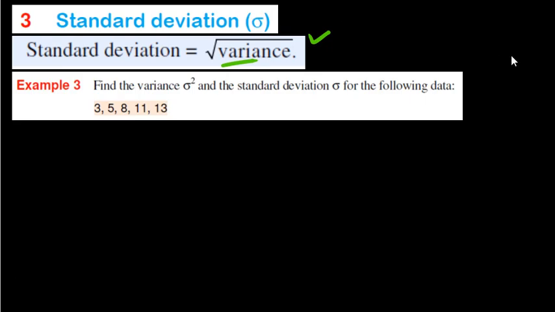The first example says find the variance and standard deviation for the following data. The data are 3, 5, 8, 11 and 13. Very simple data. There is no frequency. Each data appears just once.